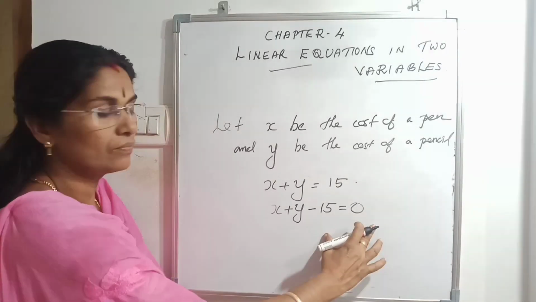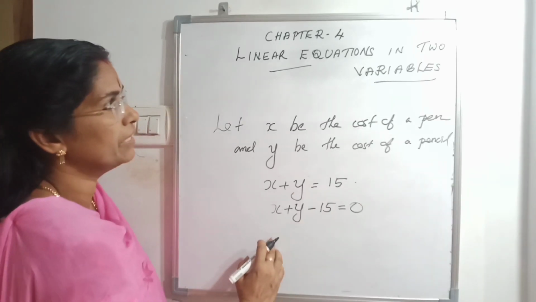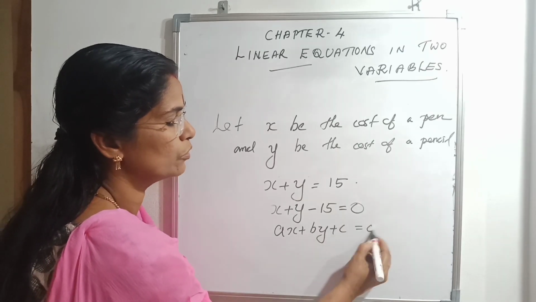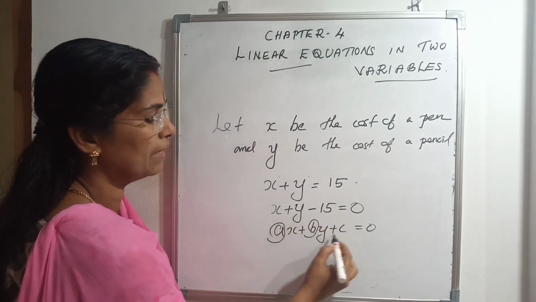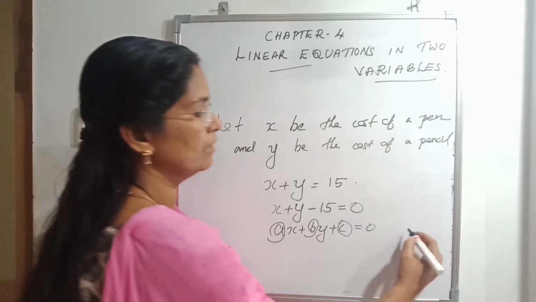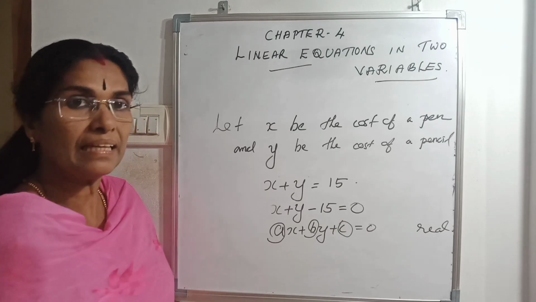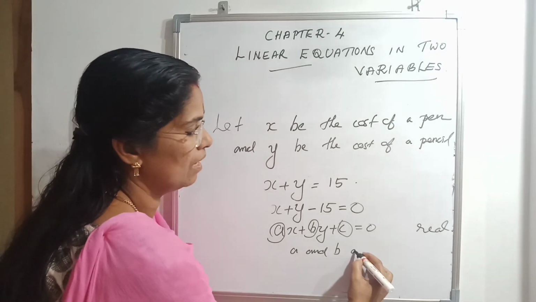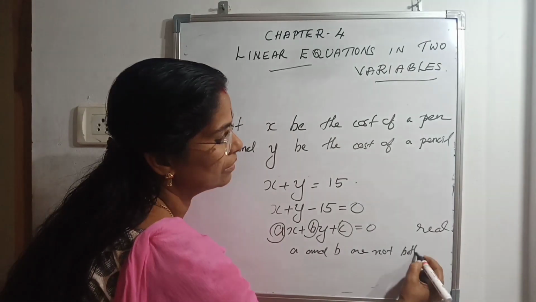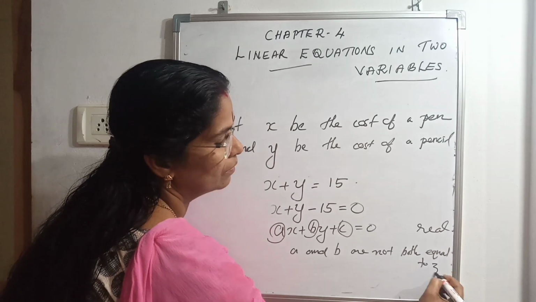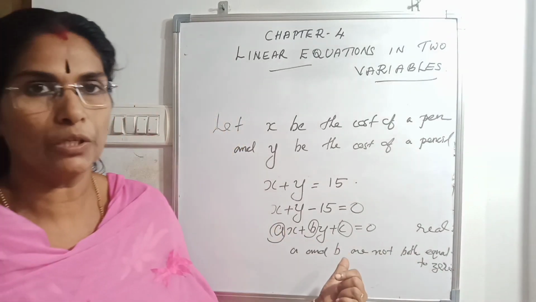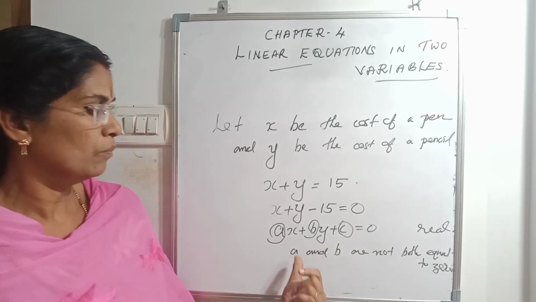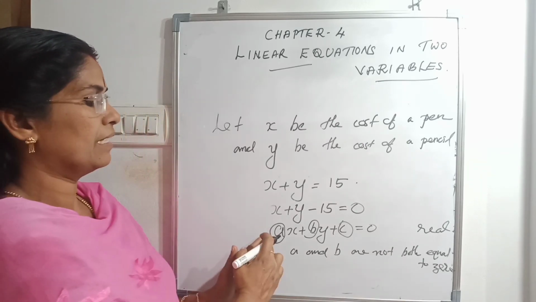Generally we can say the linear equation in two variables is in the form ax plus by plus c equal to 0, where a, b and c are real numbers, and a and b are not both equal to 0 at a time. Sometimes a will be 0, sometimes b will be 0. It is not a problem, but both are not 0 at the same time. So this is the general form.